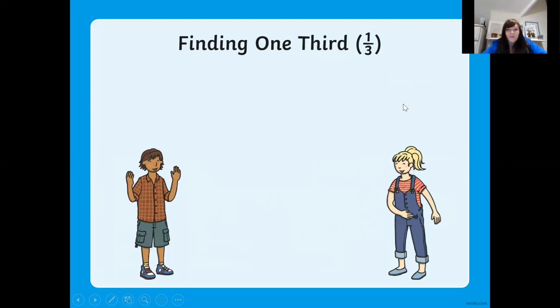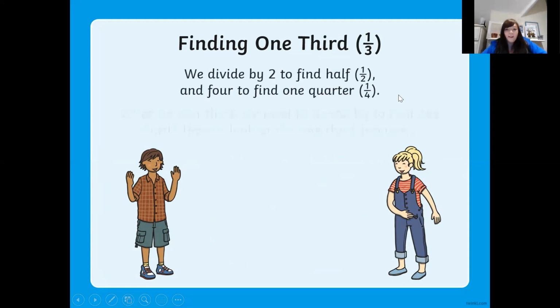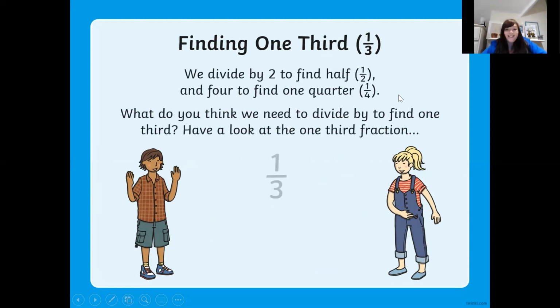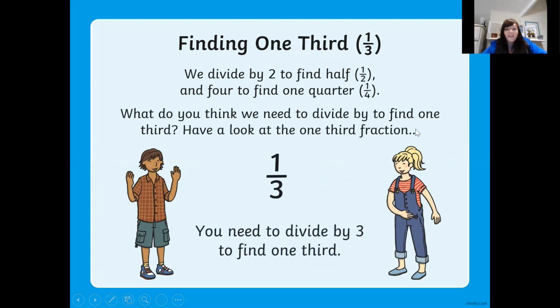Finding a third, who thinks they know what you divide the number by? Have a look at the denominator. You need to divide them by 3 to find 1/3.